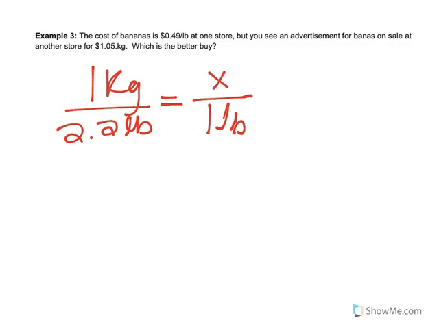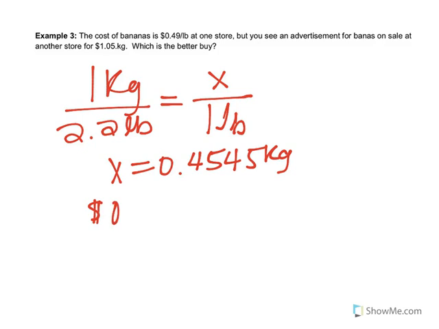So we're going to cross multiply and divide there, and we end up finding that instead of it being 49 cents per pound, it's 49 cents per 1 divided by 2.2, which is 0.4545 kilograms. So this one is 0.49 per 0.4545 kilograms.